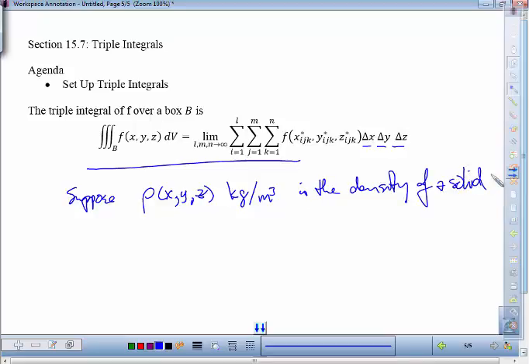And so when you're talking about a density in kilograms over cubic meter, it's a density of a solid.